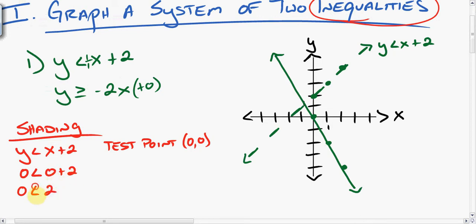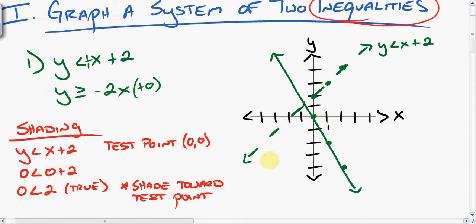Then you need to analyze this. Is this true? Yes, this is true. If it's true, you're going to shade toward your test point. For this line, my test point was 0, 0, so I'm going to shade everything in that direction.